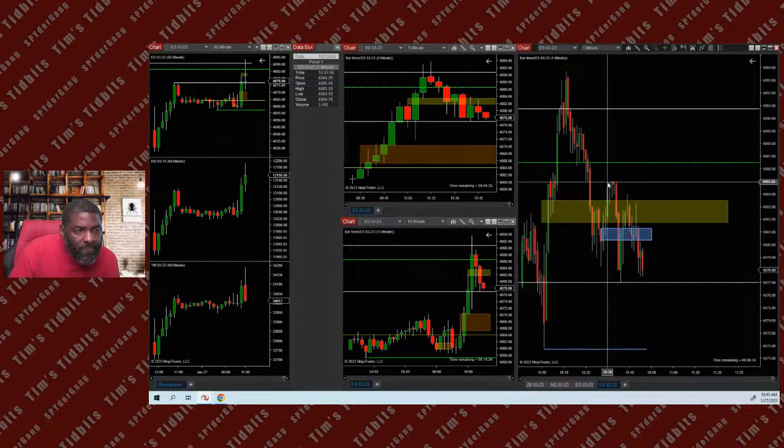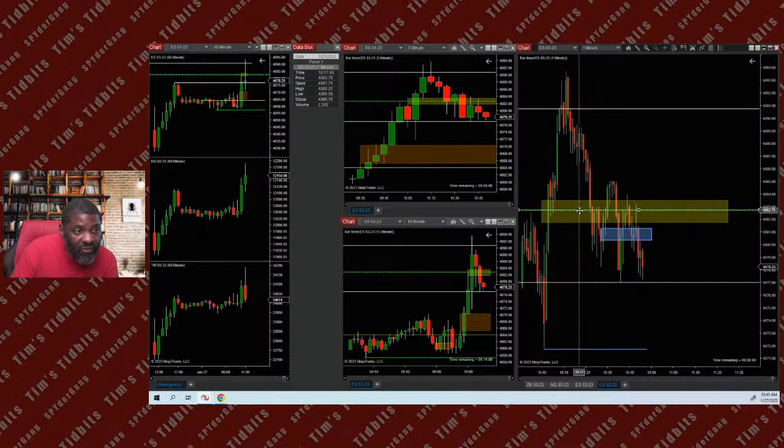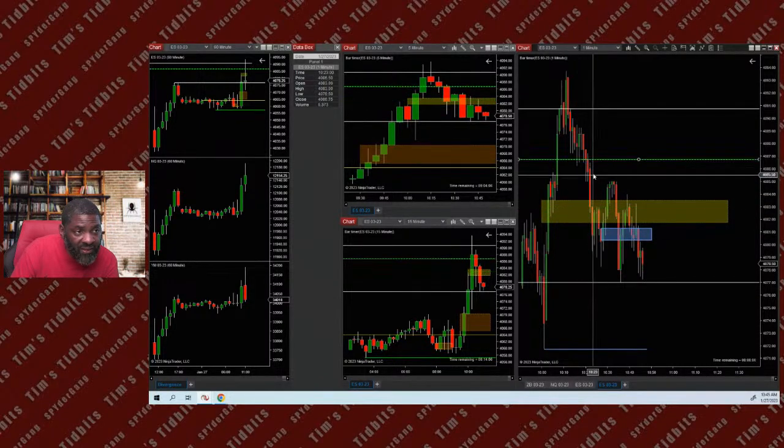So basically what he was just saying was, this is how I'm taking it: we came down and came through this fair value gap. I was like, we done blew through that fair value gap right here. And then this candle right here, the high of this SIBI, that's the price he said.